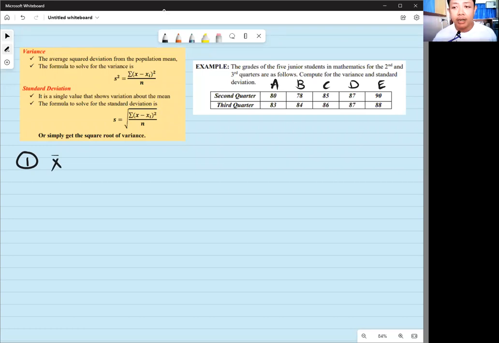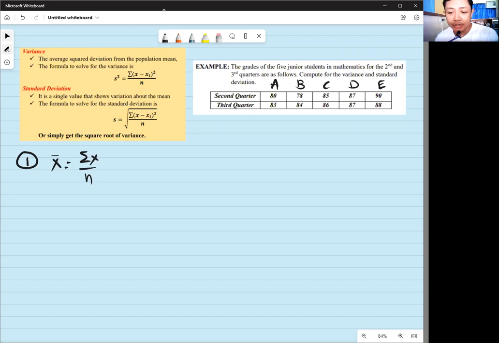If you can remember, for our grades, we get the average to know the centrality of your data. So you know the formula here. We just need to add all the values divided by the total number.